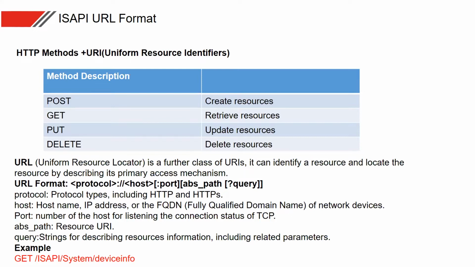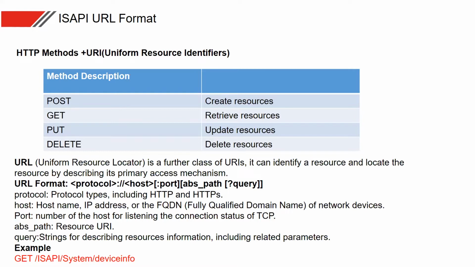The URL format is built like this: at the beginning, it's the protocol, then the host name, the IP, and the last part is the path, which is the command in detail. Protocol means you can use either HTTP or HTTPS. The host is our device IP. That's why I said before the prerequisite is that the device has a static IP, because the IP cannot keep changing.